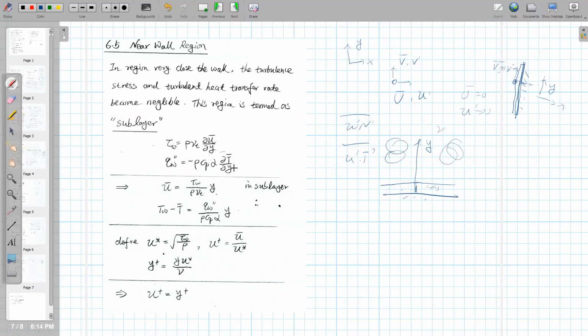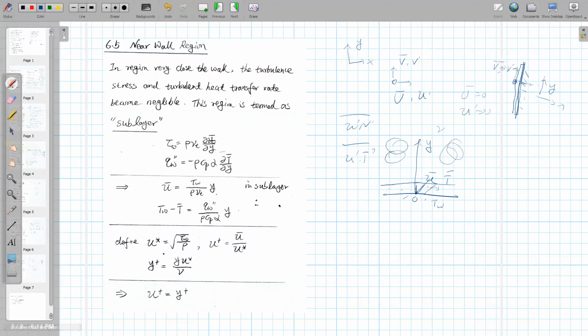Because the flow is laminar and the region is very small, we can assume the changes of velocity and temperature inside this region are linear. Here the velocity is 0, and here it is U bar, and here is T wall, and here is T bar. The change from 0 to U is linear, and the change in temperature from Tw to T bar is also linear.